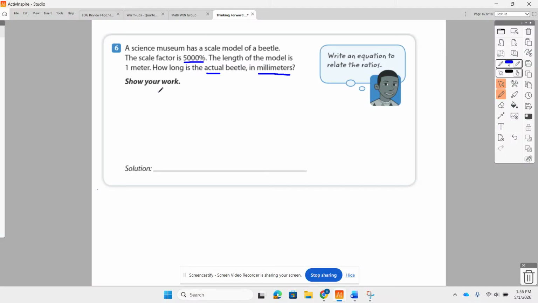So remember, whenever we take a percent and we're trying to use it in a scale, even if the percent is huge, we still do those 2 hops over to change it into a decimal form. So this is equivalent to 50.00, or in other words, it's 50 times larger than the original.